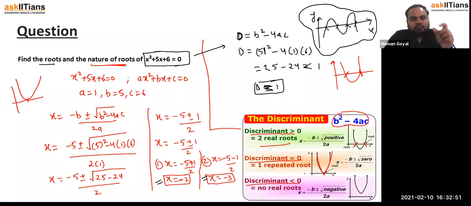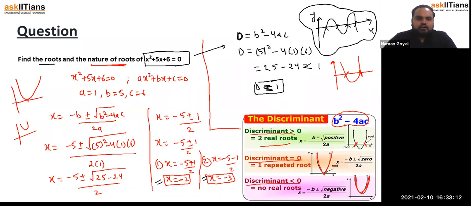If the value of D is less than 0, there is not even one real root, so the graph will neither touch nor cut the x-axis; it will be in the air, on the upper side, like this. Got it? So if you see here, the graph of this quadratic polynomial is like this. There is no real root.